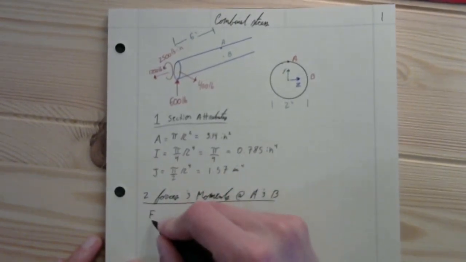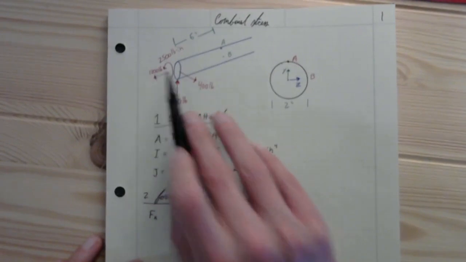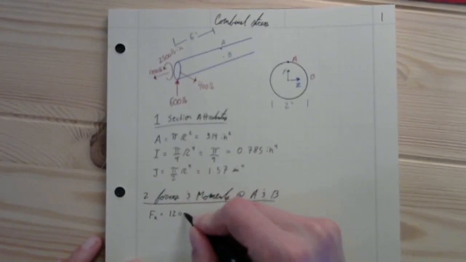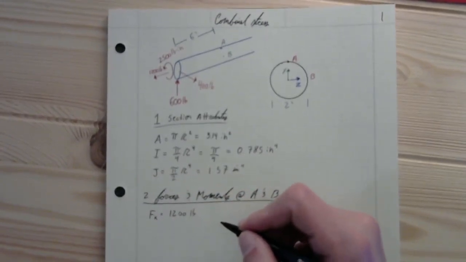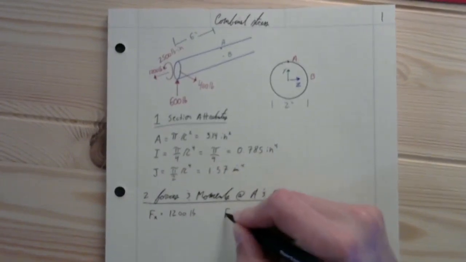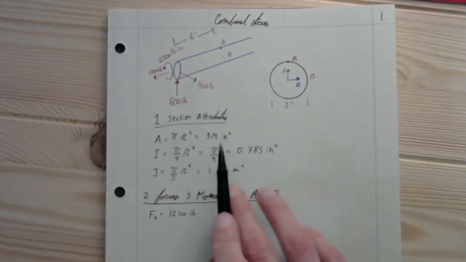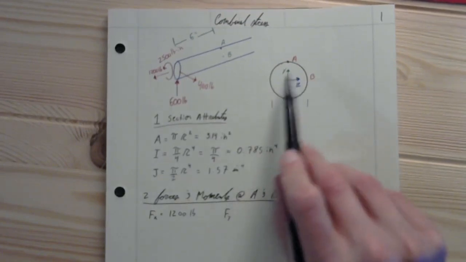So we'll have a force in the x direction. That will be this 1,200 pounds. And then we'll have the force in the y direction, which we said was up. If we ever have to check that, we've got that shown on the cross section.